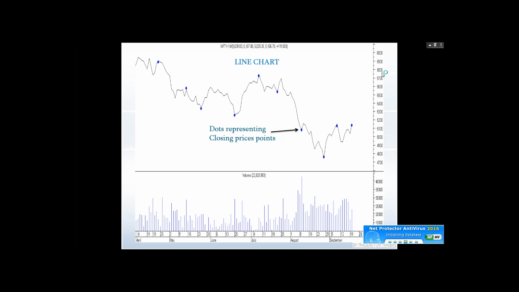So as you can see in this particular chart, this is a line chart. A line chart is the most basic kind of chart which you can see, and this chart is formed by joining the closing price of the stock at different levels.